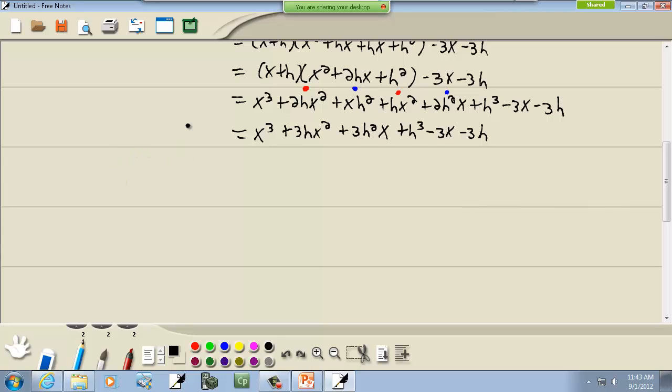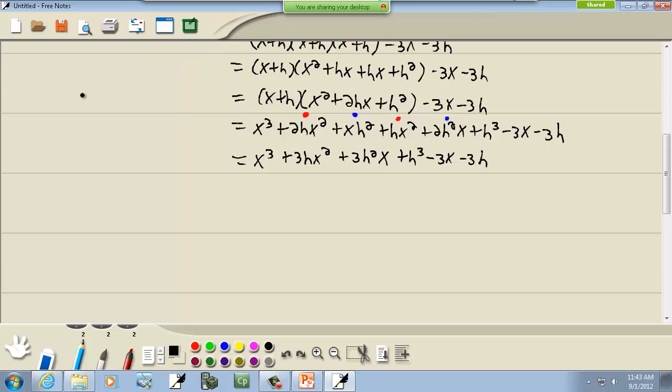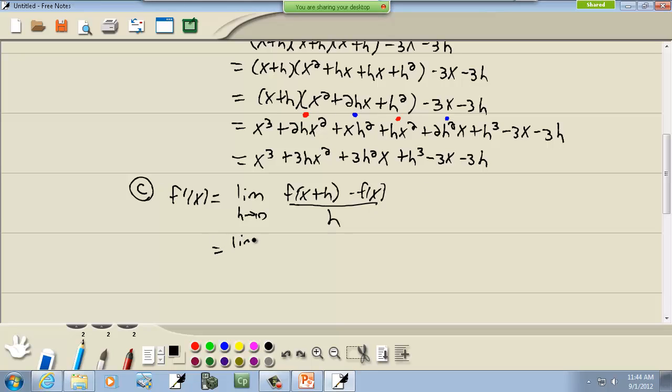Our third substep within that is now to find our derivative. So our limit definition looks like this. We got the limit as h goes to 0 of f of x plus h minus f of x all over h. Well, all this long bit here is our f of x plus h, so we can plug that in.